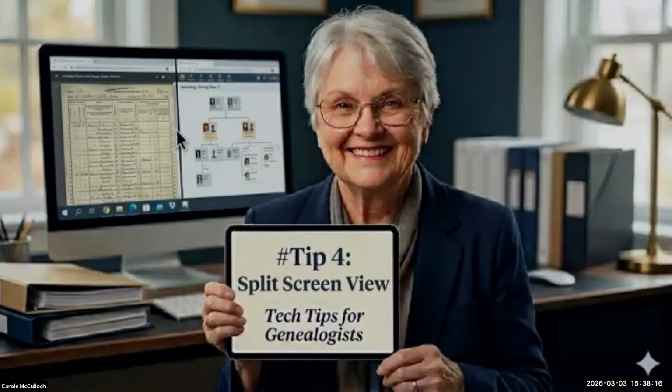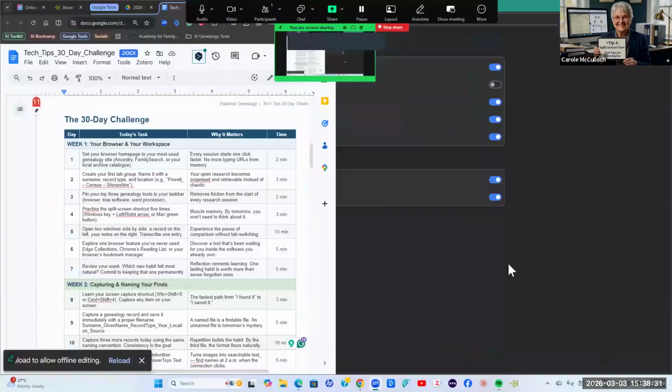So I'm going to share my desktop with you again. And you'll see that I already have this screen view. On the left-hand side is the Tech Tips 30-Day Challenge doc that I started with.